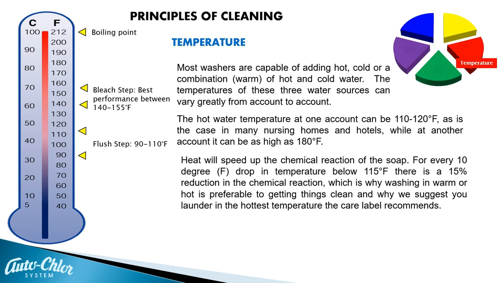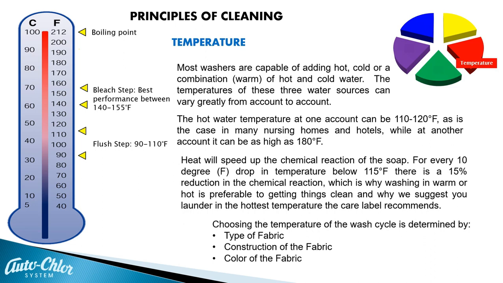Makeup stains, which is a huge problem in hotels and motels, require 150 degrees to start melting makeup. Again, the chemistry that we use can go in and start breaking it down at lower temperatures. One of the things we wanted you to keep in mind, though, is that when we start dropping below 115 degrees Fahrenheit, you start reducing approximately 15% in chemical reaction. That's a big difference.